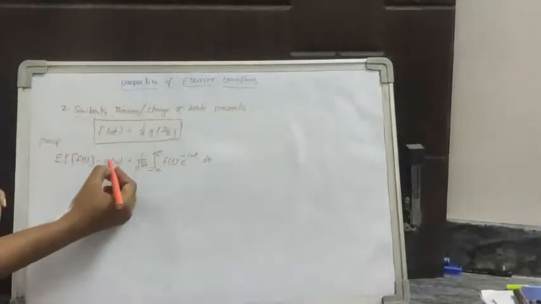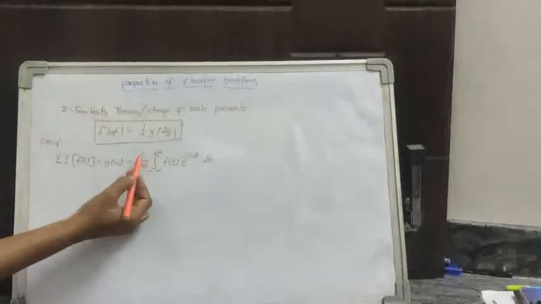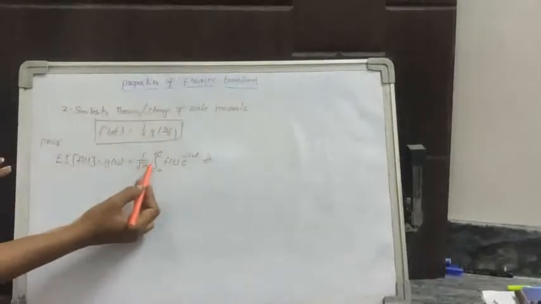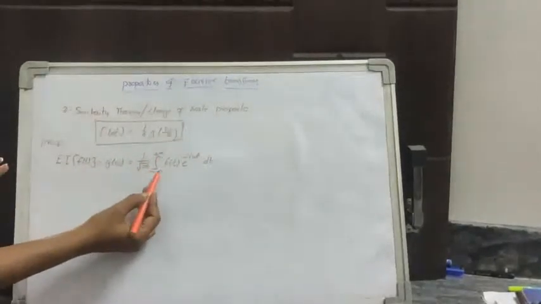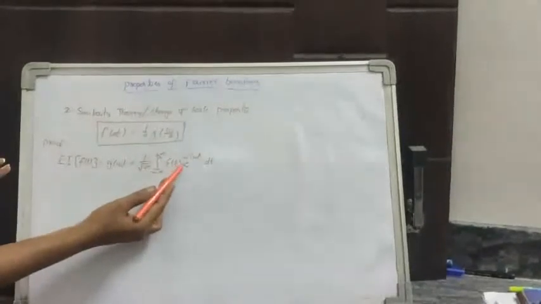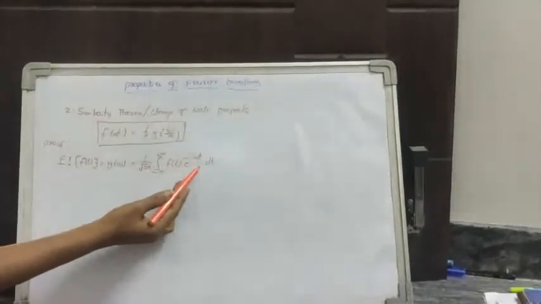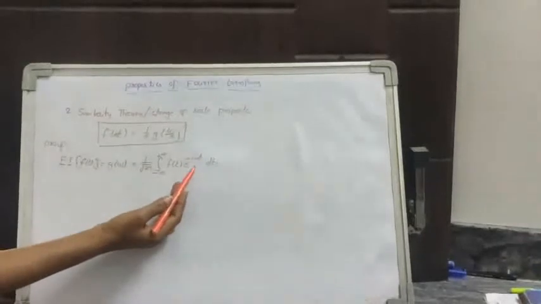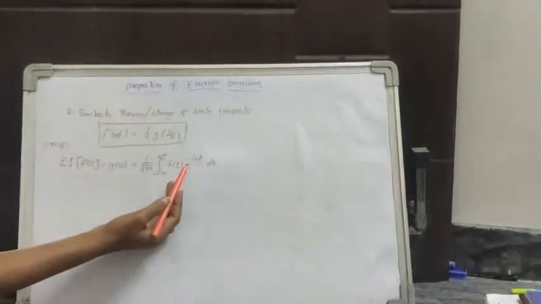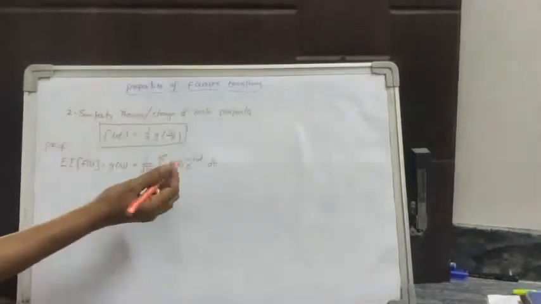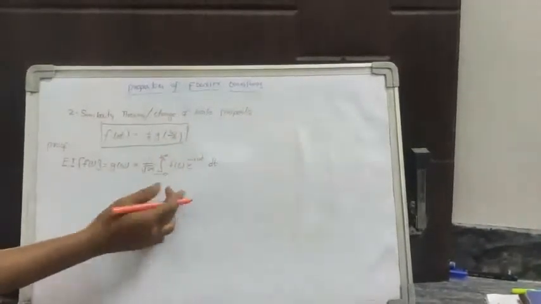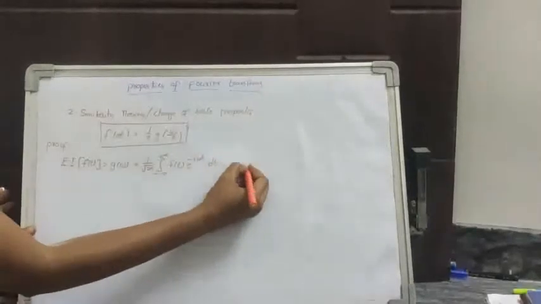You know how to define g of omega. It is nothing but 1 by root 2 pi into integral minus infinity to plus infinity f of t into e power minus I omega t into dt. We already defined this at the start of Fourier transforms. Now consider this as equation number 1.